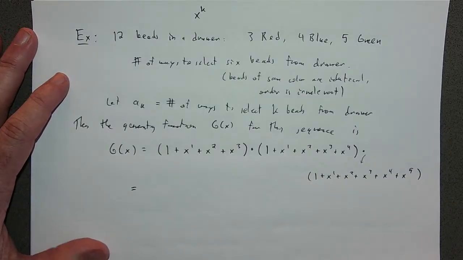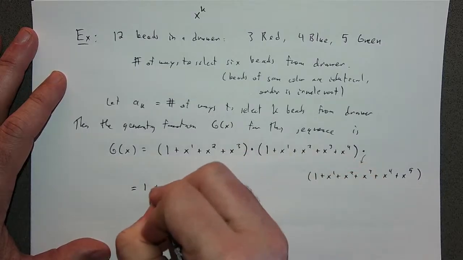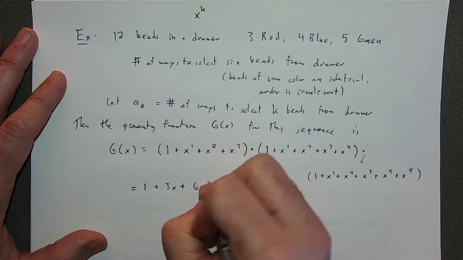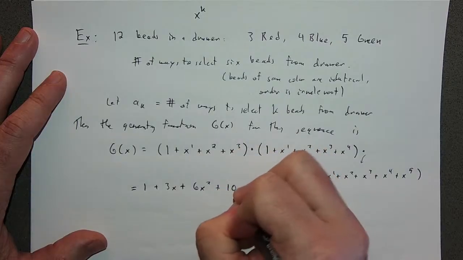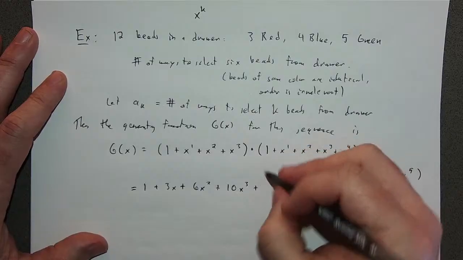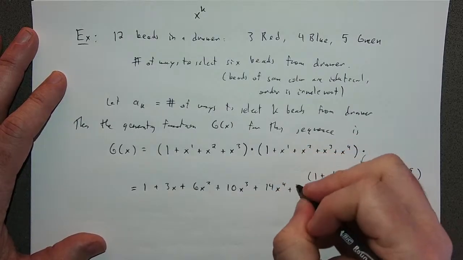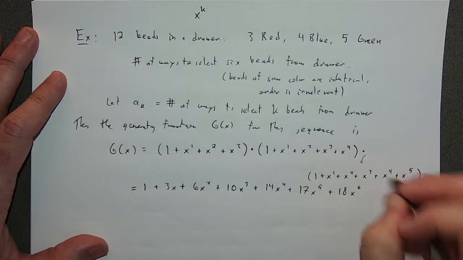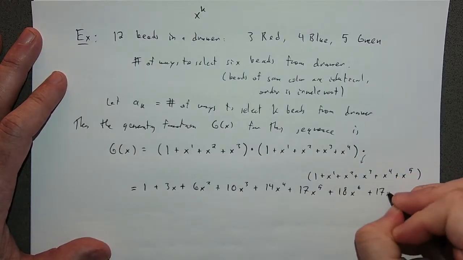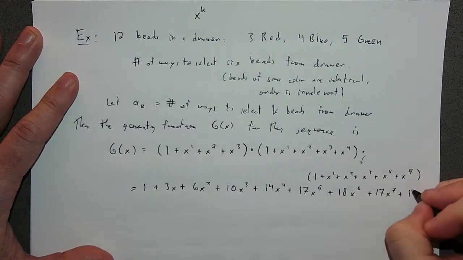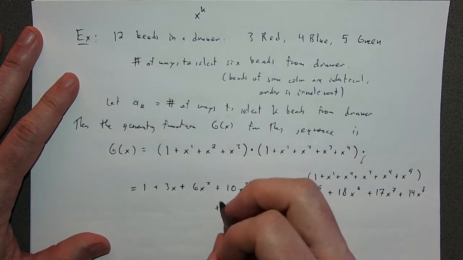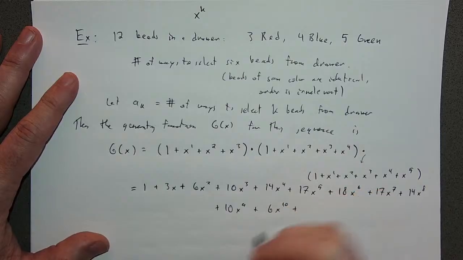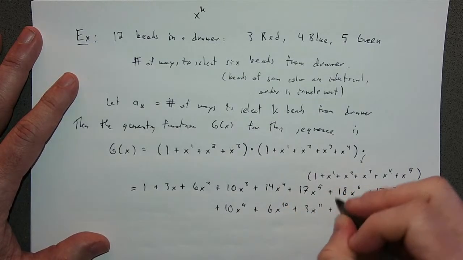Let's say that I've already done this, and so the resulting expanded thing is 1 plus 3x plus 6x squared plus 10x cubed plus 14x to the fourth plus 17x to the fifth plus 18x to the sixth plus 17x to the seventh plus 14x to the eighth plus 10x to the ninth plus 6x to the 10th plus 3x to the 11th plus x to the 12th.